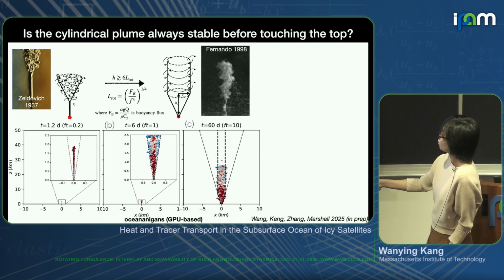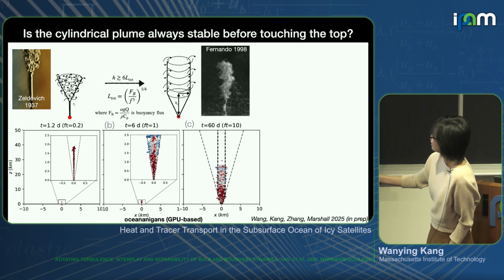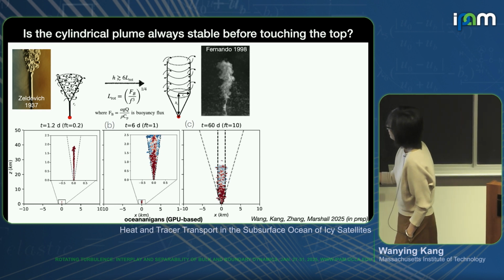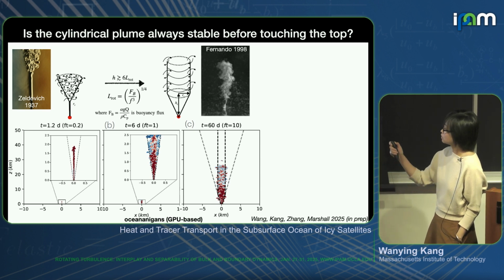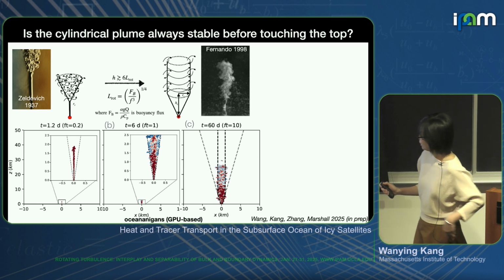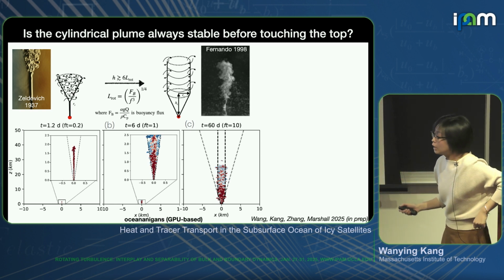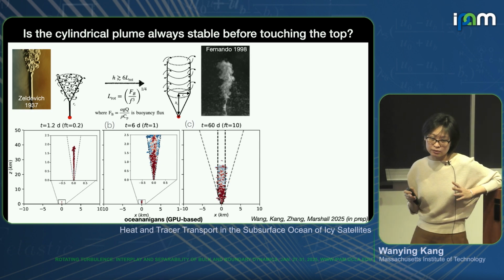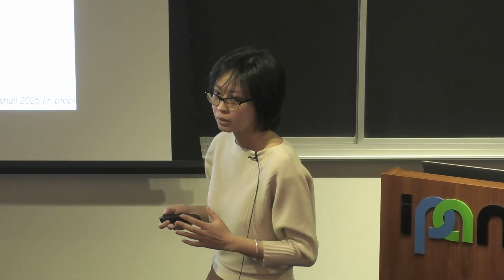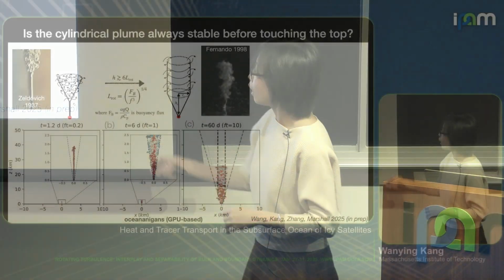It fills up the cone, as we expected, and then it gets into this columnar regime where you have these cylindrical plumes going upward. When we run this experiment, we have this task in mind that we want to understand what is going on in a super deep ocean, so we make sure that the domain is tall enough.